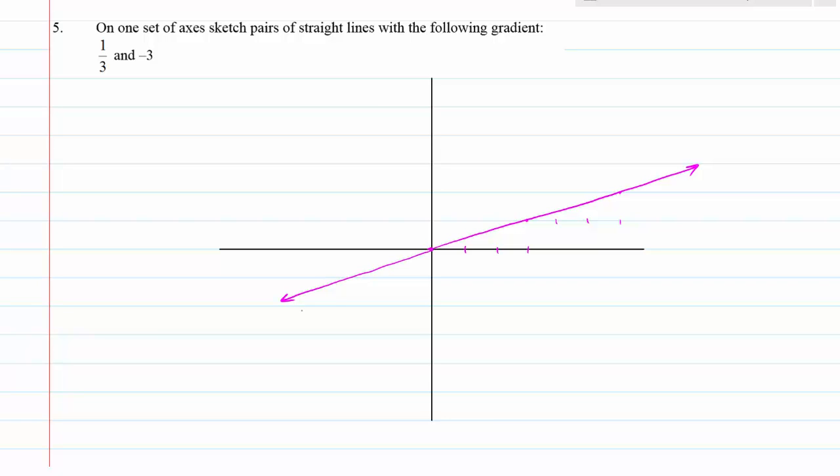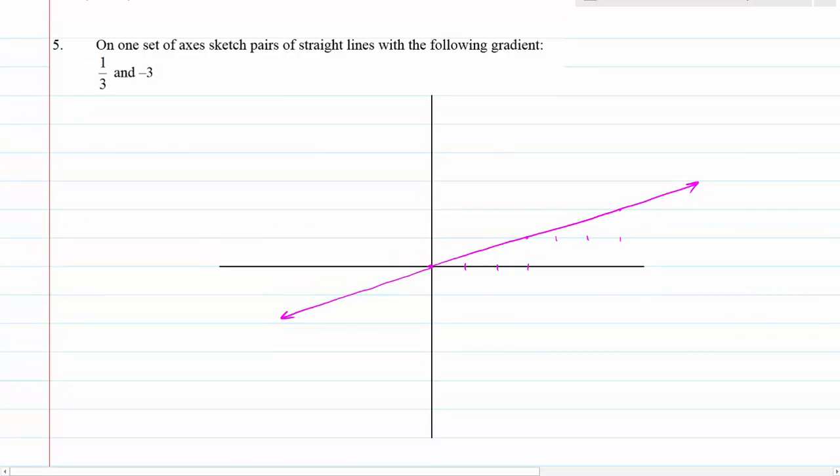A gradient of -3 though means that the rise is 3 and the run is 1, but it is a negative gradient. So if you go backwards 1, you go up 3, which means it'll be up like that. Backwards 1, up 3. And this you should find is much steeper. So there's my gradient -3. There, and it obviously goes on to infinity in both directions.